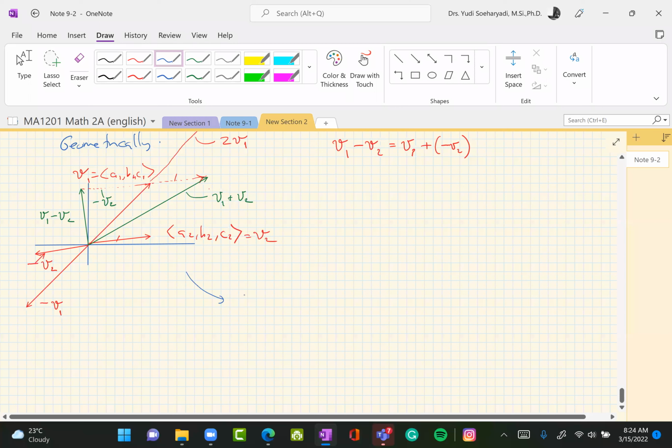Just a comment here, this is wrong notation. I should say these are vectors of two components only. So there's no C in this picture. But even with C, the rules are similar. Vectors in space.